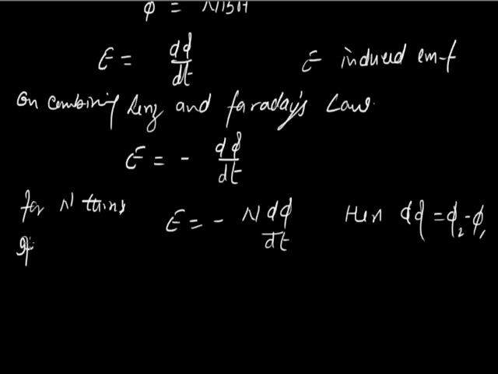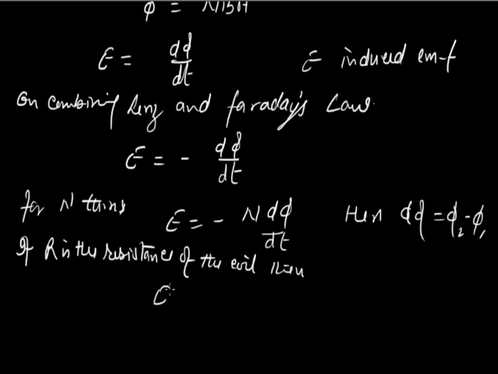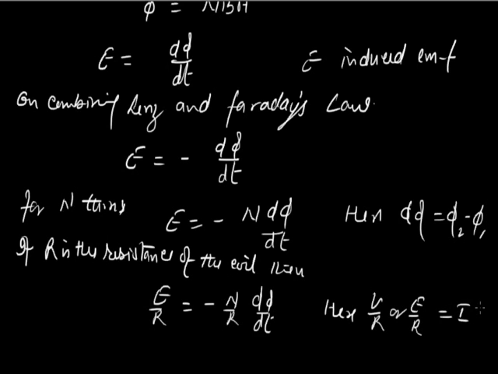If R is the resistance of the coil, then E upon R will be minus N upon R into d phi upon dt. Here E upon R is I, the induced current.